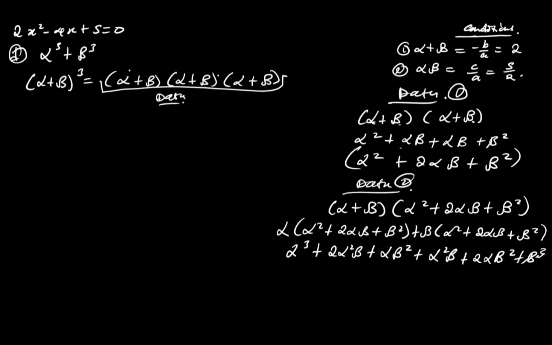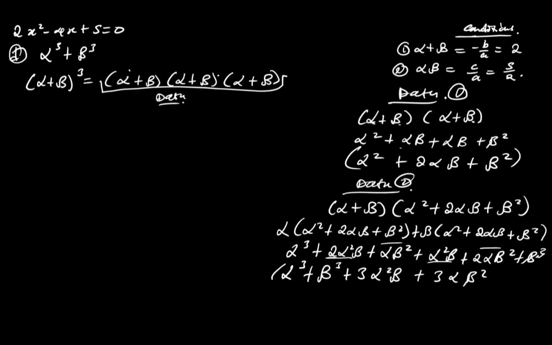So now I'm trying to look for this here. Let me put those terms first: alpha cubed plus beta cubed. Then I can look for something that is common. What terms are common? I have 2 alpha squared beta and alpha squared beta, so that gives plus 3 alpha squared beta. Then I also have these two terms, which give plus 3 alpha beta squared.